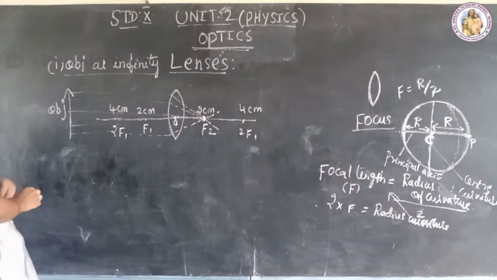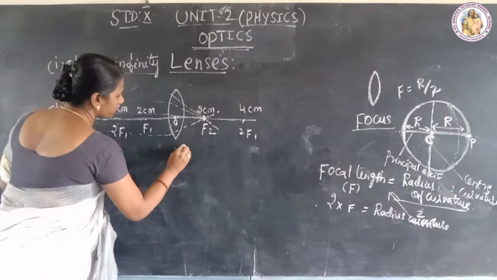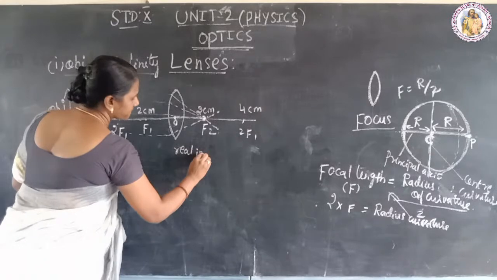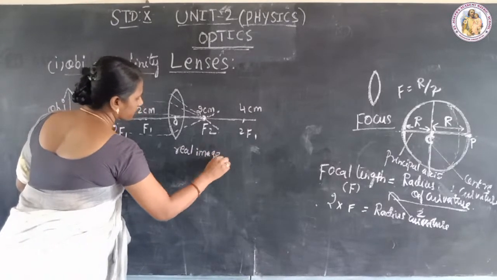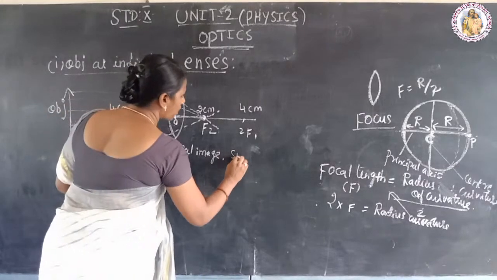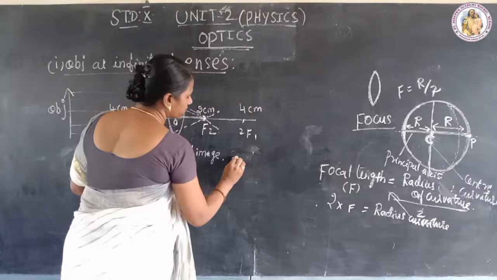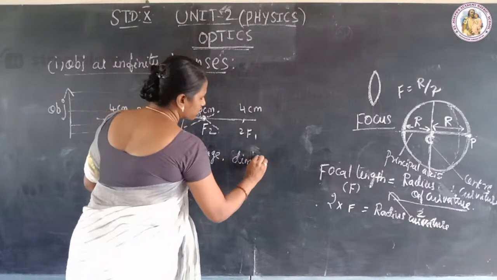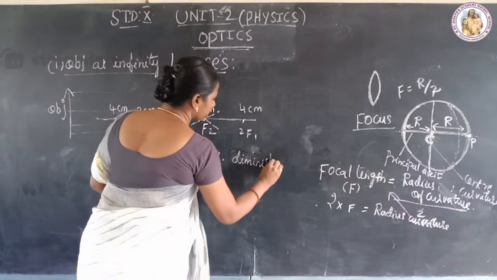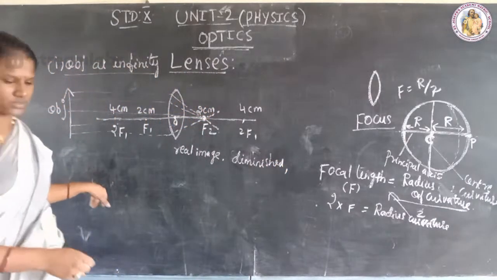So, what is the type of the image formed? It is a real image. And what about the size? It's small in size, it's diminished. Diminished means small size.